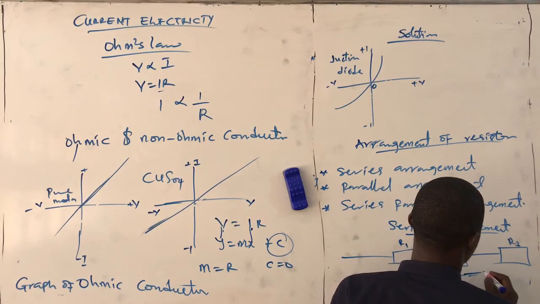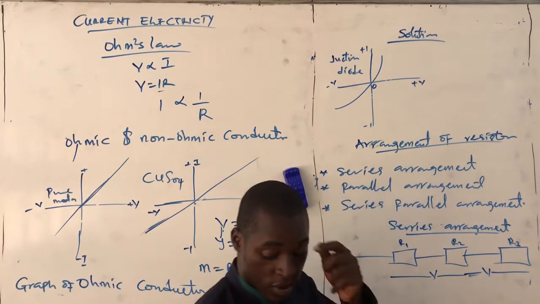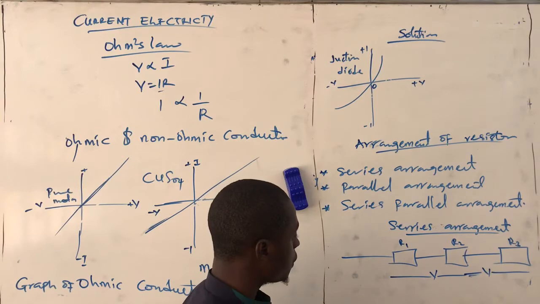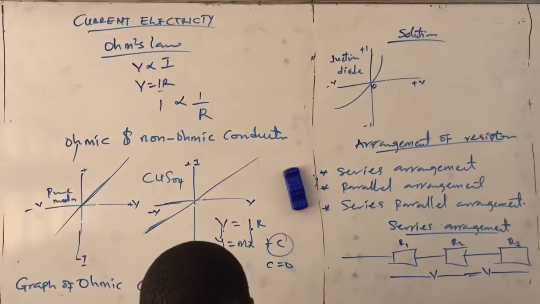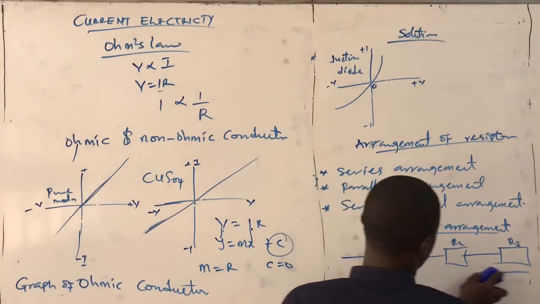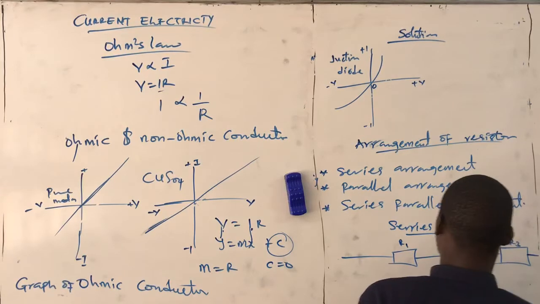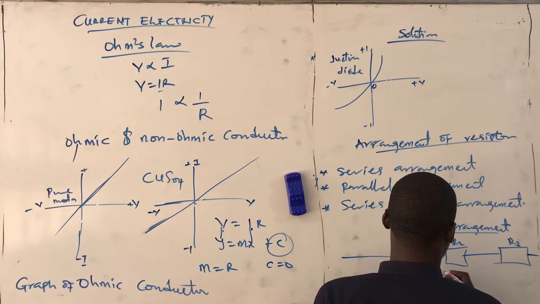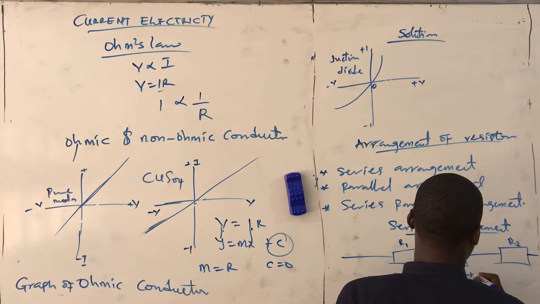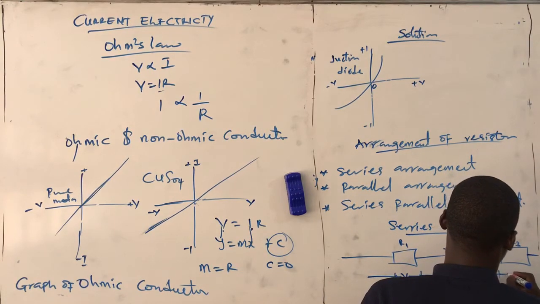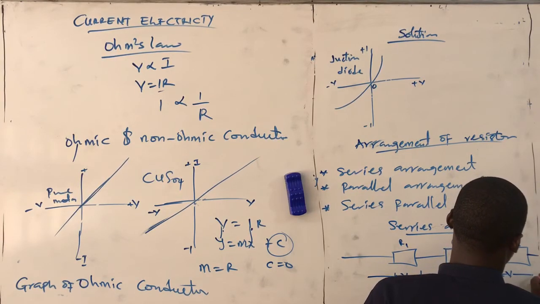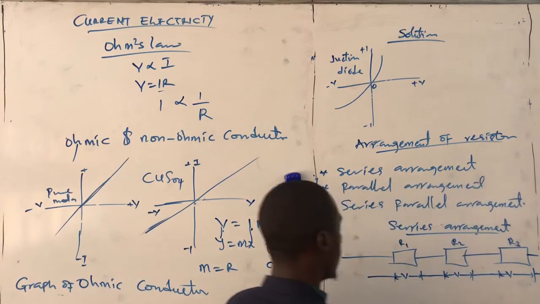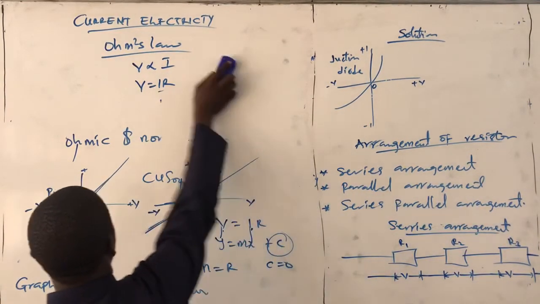So across this potential difference, we see that there is voltage across this resistor.